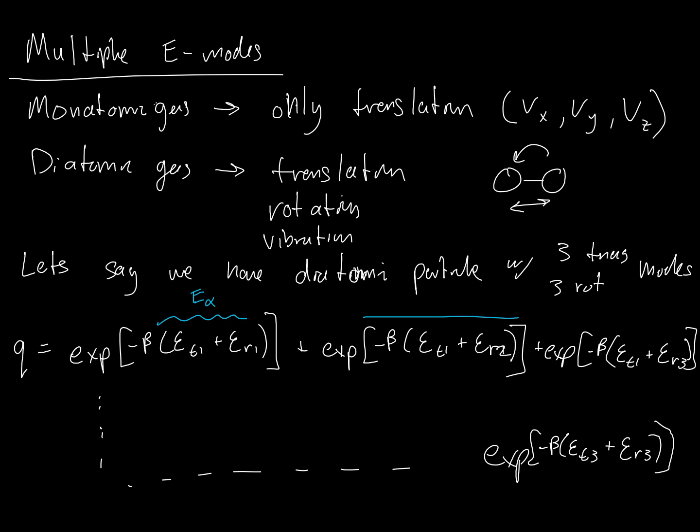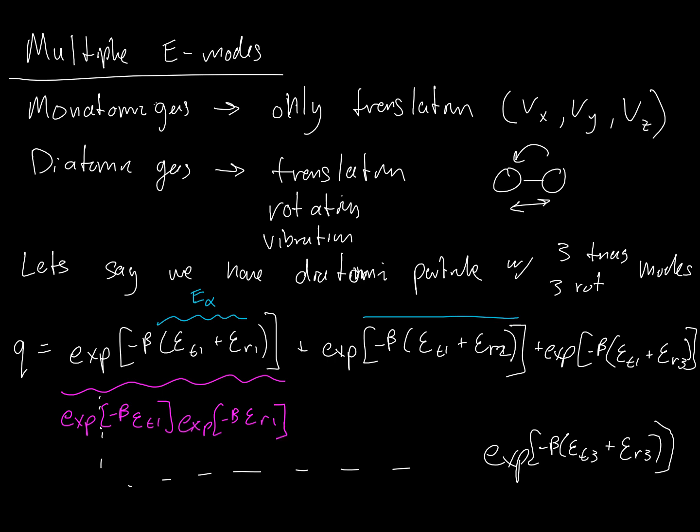Now with exponent properties, right, we can write this expression here. We can simplify it down a little bit. So we can write this as exp minus beta epsilon T1 times exp minus beta epsilon R1.